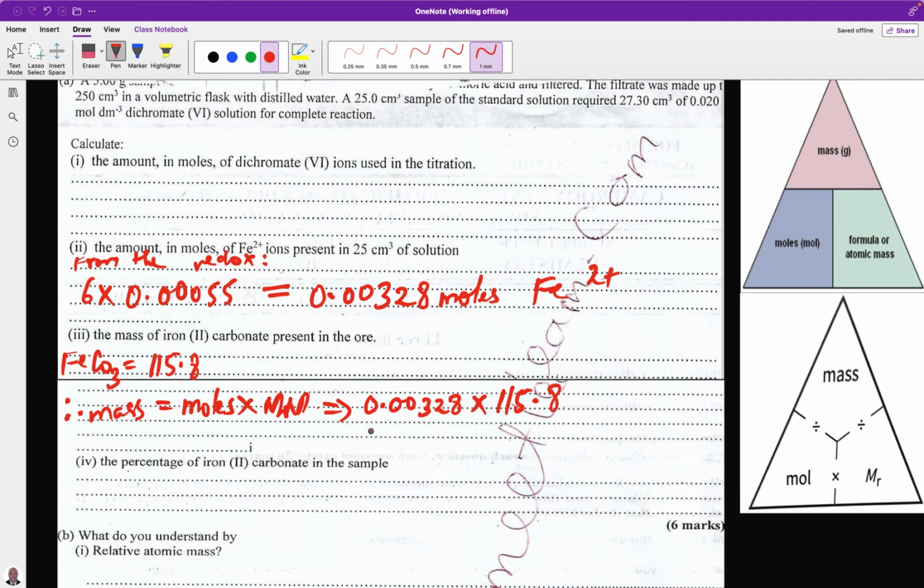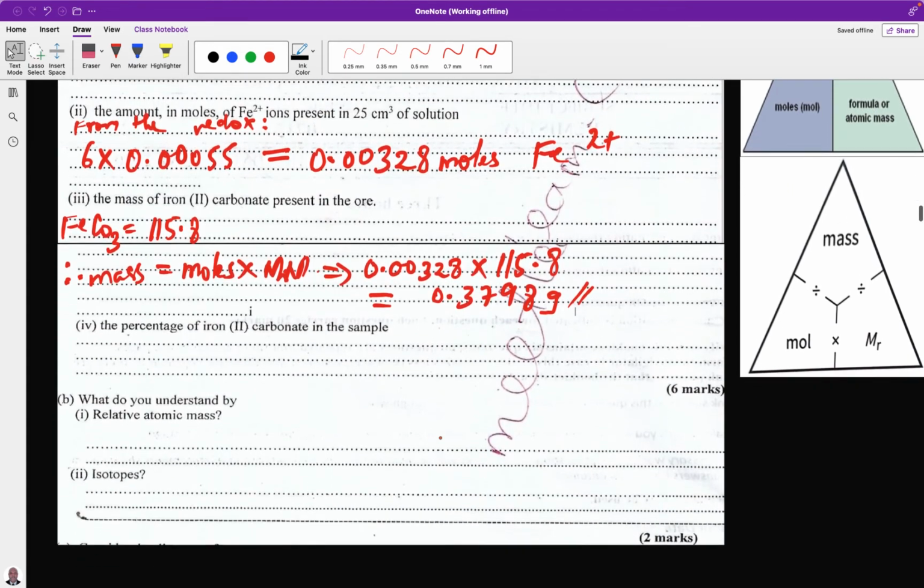And that will be what? Our final answer for this will be 0.3798 gram. After multiplying 0.00328 by 115.8, we will have 0.3798 gram.